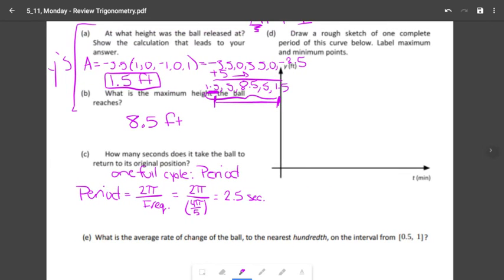Part D, draw a rough sketch of one complete period of this curve below. Label the maximum and minimum points. So my x or t's in this case and my y's, we already have the y's from part A.